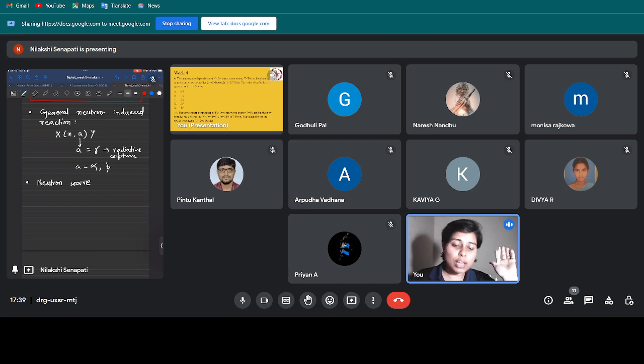So neutron wave can be of two kinds, P wave and S wave. And P wave and S wave, you all have an idea about these things, because this is a plus 2 level concept. But maybe you have not learned in terms of P waves or S waves. Rather, you have learned in terms of transverse waves and longitudinal waves. The terms P wave, S wave are mainly used in seismology.